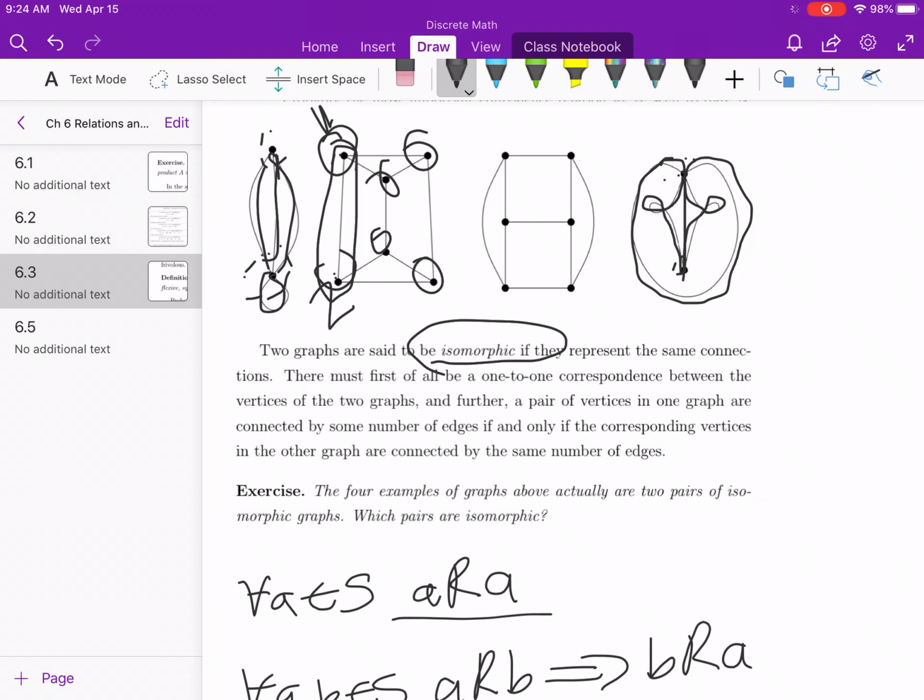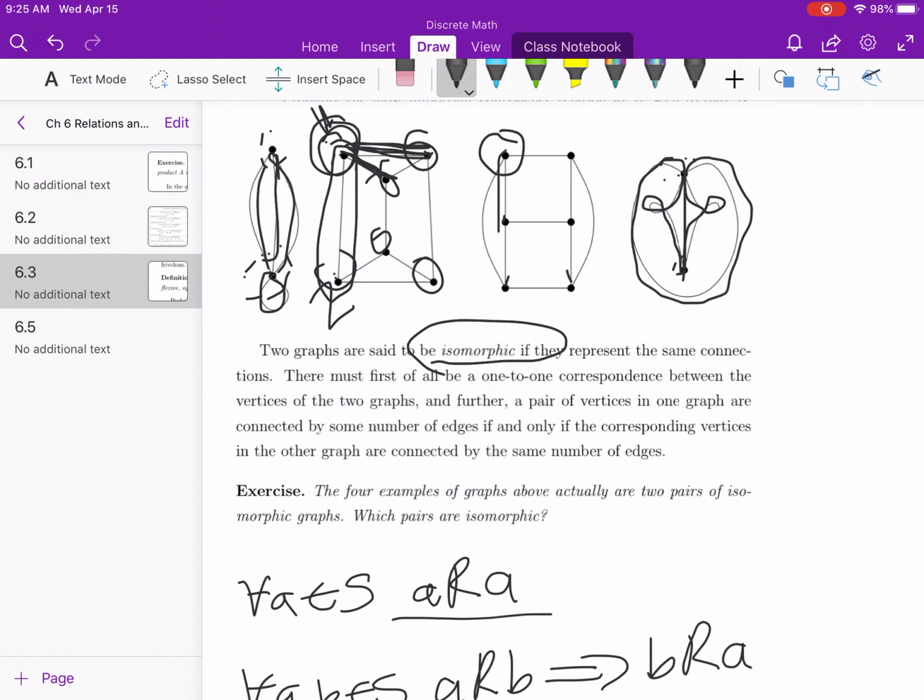Likewise, if I look over here, I've got 1, 2, 3, 4, 5, 6, and 1, 2, 3, 4, 5, 6. Even though this doesn't look the same, these graphs are really very similar. Look, I've got this one, let's call it this one here. Well, it goes to this, and it goes to this.